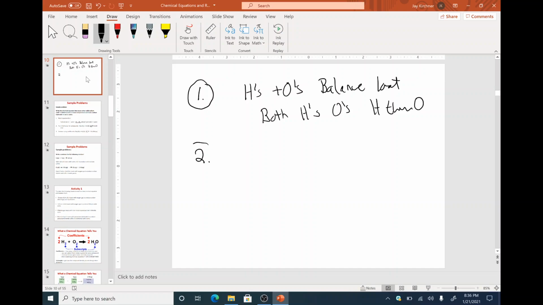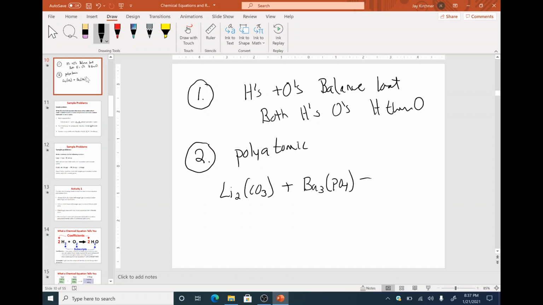Number 2, I need to show you what to do with polyatomics. Instead of writing it down, I need to just show it so then you can describe it the way you want to do it. So here we go. Okay, you're like, what the heck am I going to do with that?